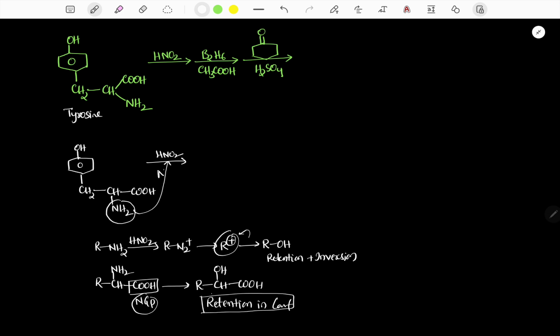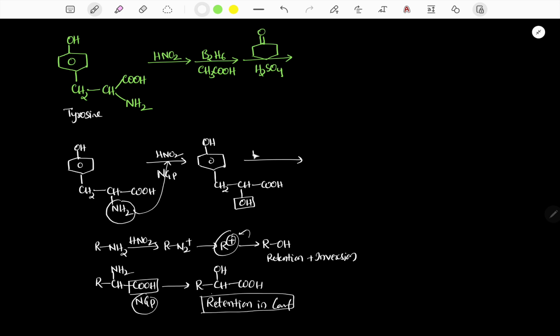That's why, through the NGP mechanism, the product is the corresponding alpha hydroxy acid. In place of NH2, we get our corresponding alcohol group. Of course, stereo is not mentioned. If stereo is mentioned, we should consider retention in configuration.